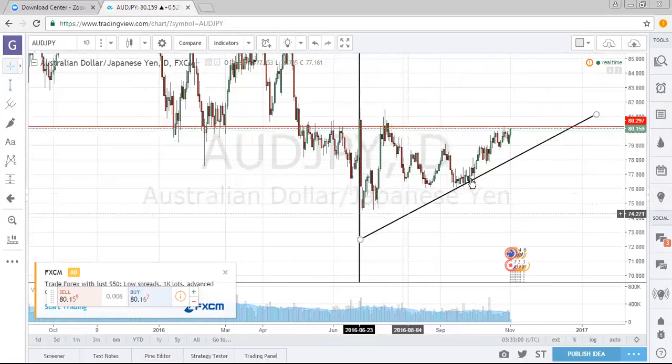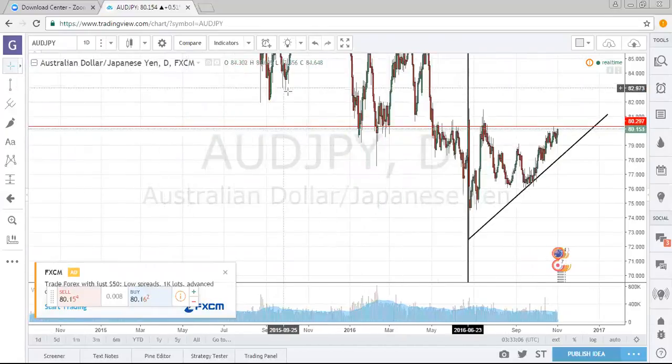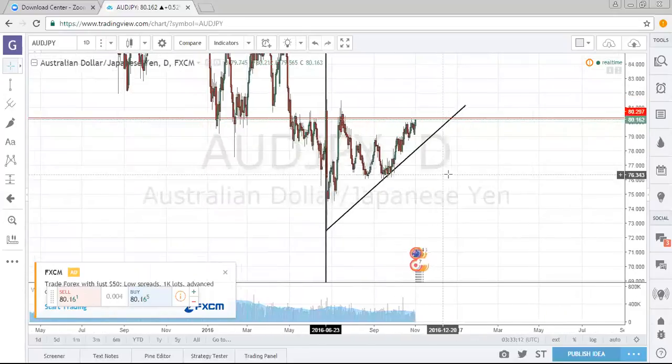Okay, price is trying to push up, but it's on a current swing down. It's on a downtrend. Okay, the bigger picture is a downtrend. But this doesn't necessarily mean that it's going to drop.